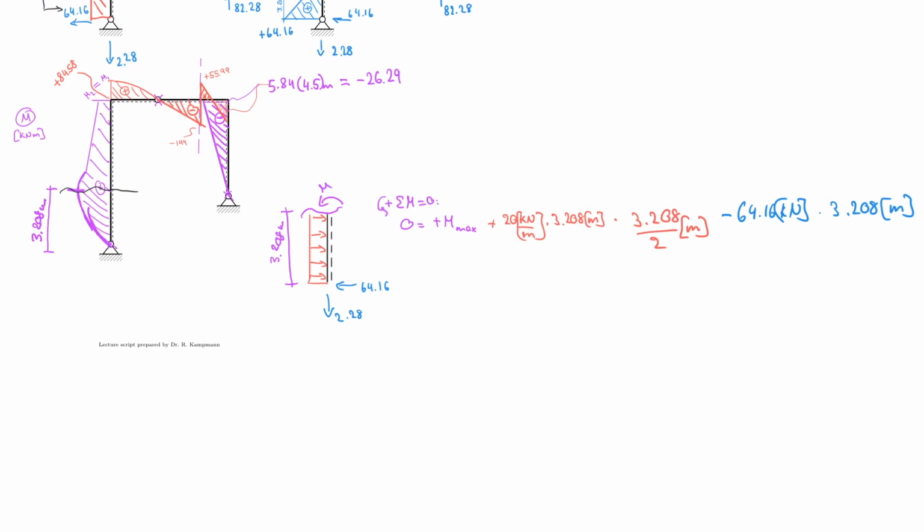And if I solve all this, I actually will find the maximum moment, and the maximum moment happens to be positive 64.16, if I'm not mistaken. Sorry, that's not true, 102. So M max is equal to 102 kilonewton meter.